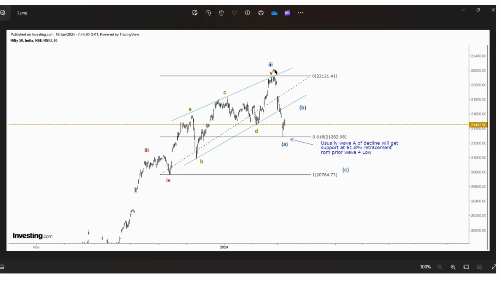If you're finding an ending diagonal or a 5-wave impulse has been completed, there will be an unavoidable ABC correction, right? A, B, and C. Do you know where the A will mostly end? If you calculate from the wave 4 low, most probably the A wave will end at 61.8% of this distance, right?